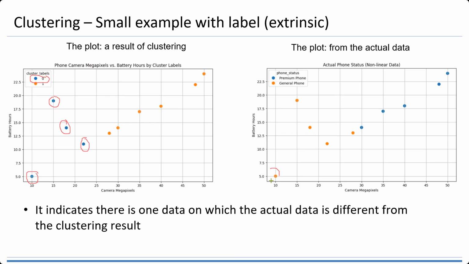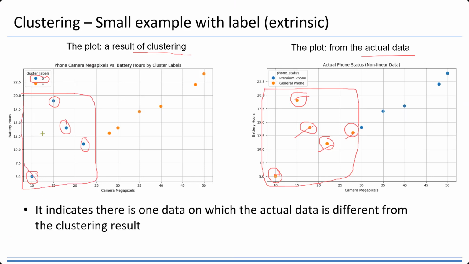You can see here, orange, orange, orange, orange, and orange. So in the actual data, 1, 2, 3, 4, 5 are in one group. But the result of clustering shows only 4 data, 1, 2, 3, 4, in cluster 0.